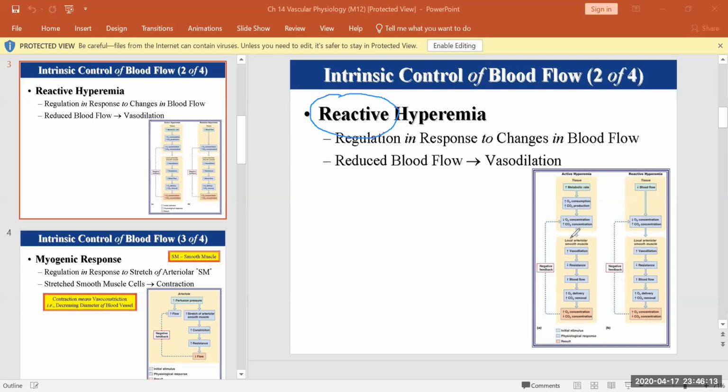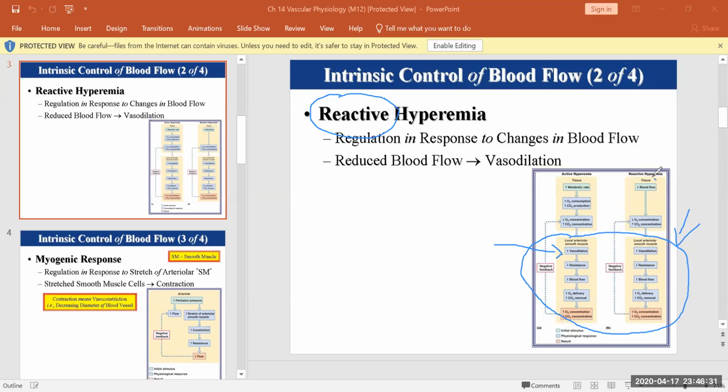So that's why down here, the mechanism between the two is identical, okay? This one is active hyperemia. This one is reactive hyperemia.